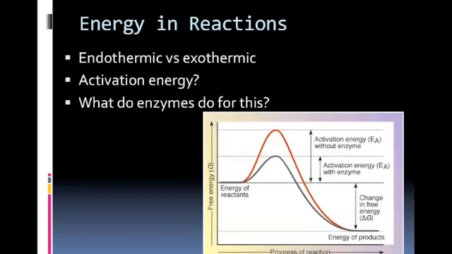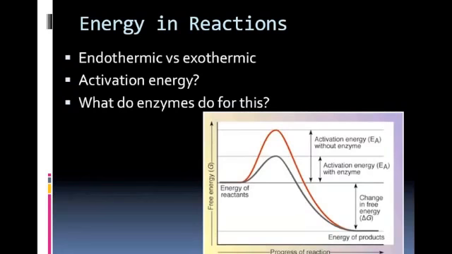Activation energy plays into all of this. There is a certain amount of energy that is needed for a reaction to occur, and this is your activation energy. If you look at the graph below, you can see that there's activation energy, so you need to add energy for a reaction to occur. If you look at the two different lines, one of them is the activation energy without the enzyme, and that's a higher one.